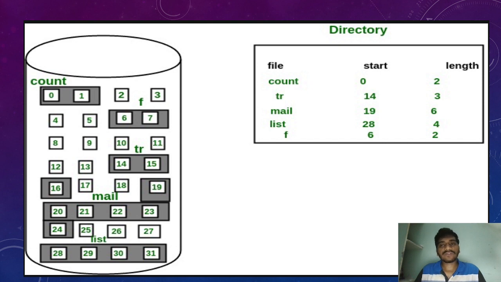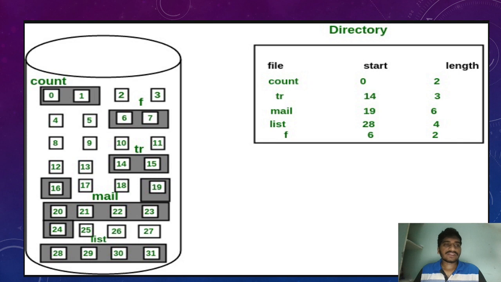The count file starts from the 0th block and its length is 2 blocks, which means the count file is stored in the disk in 2 contiguous blocks.